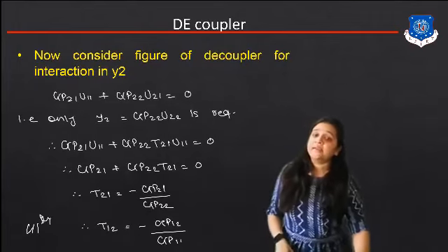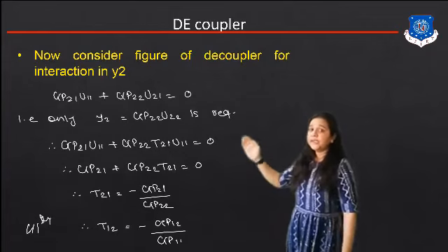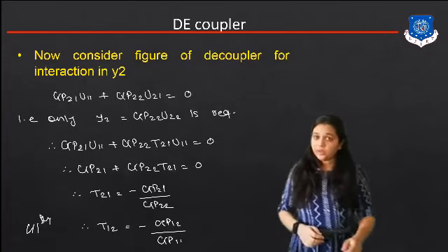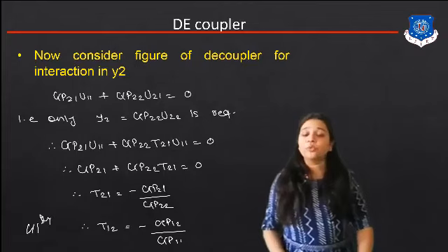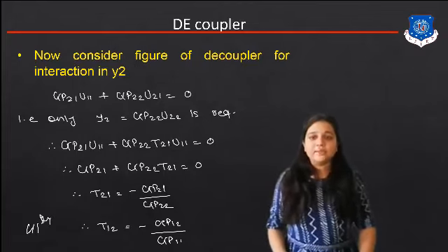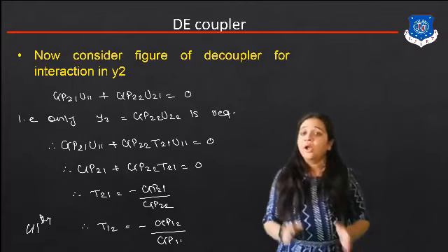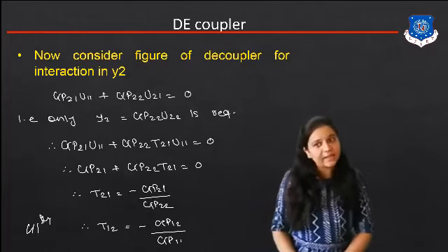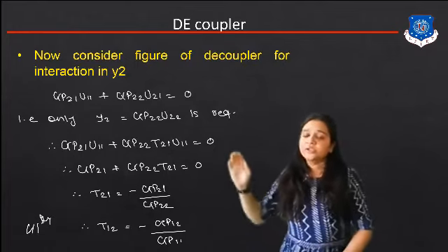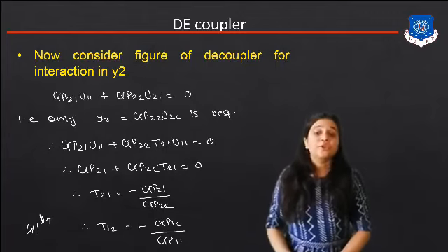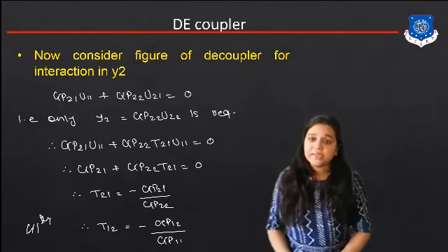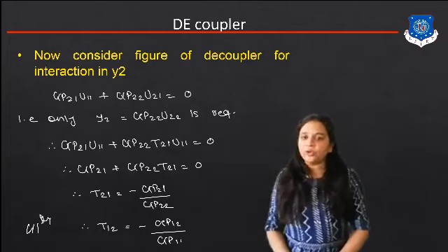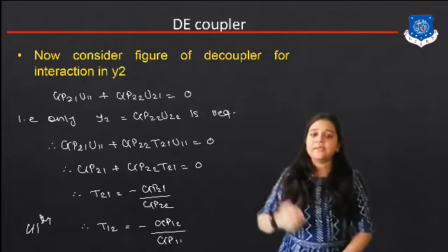So we can write the equation like this: GP21 U11 plus GP22 U21 is equal to 0. But only Y2 equal to GP22 U22 is required. So we can write GP21 U11 plus GP22 T21 U11 is equal to 0.